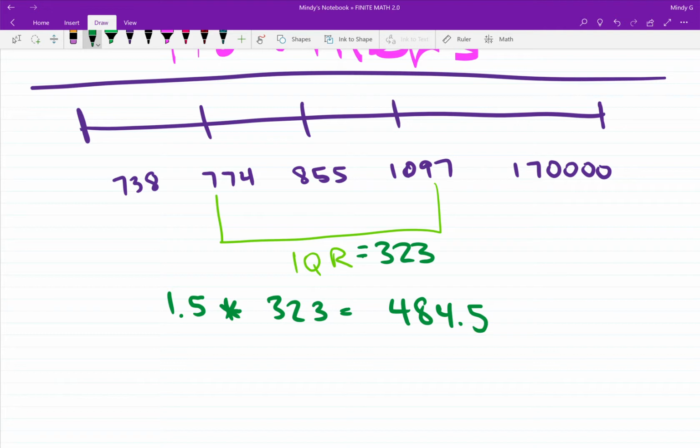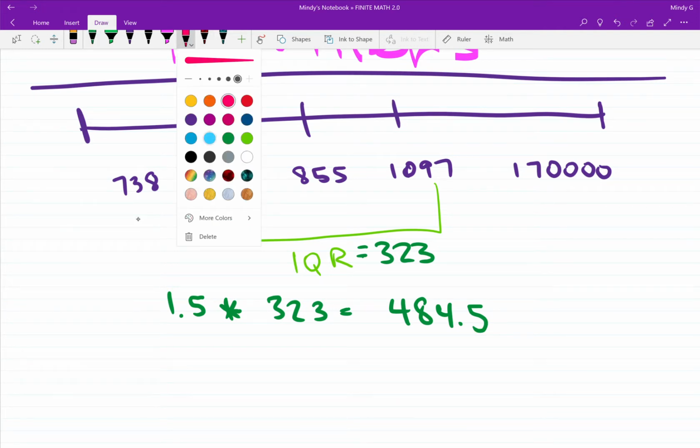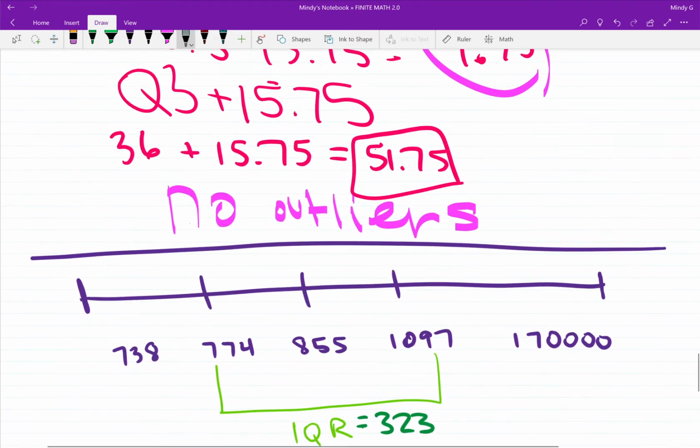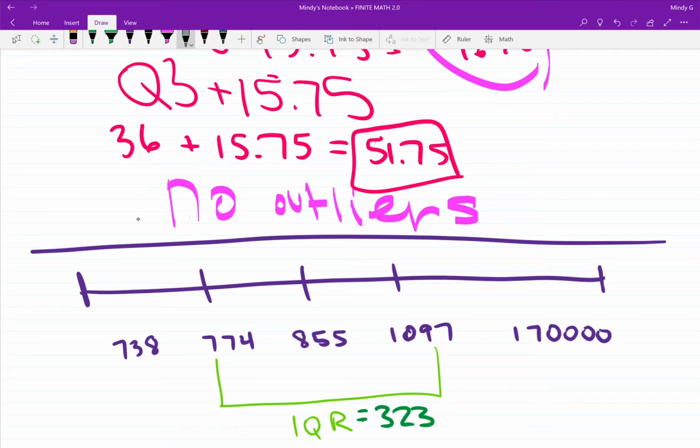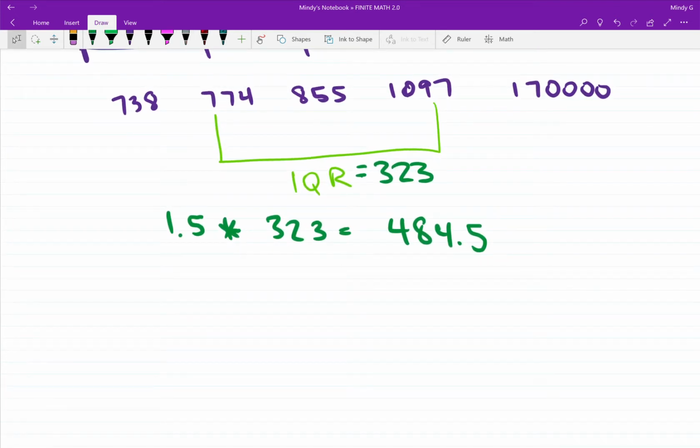484.5. Okay, I'm going to take that number. From here, I want to add it. And from here, I want to subtract it. So what is 774 minus 484.5? 289.5.